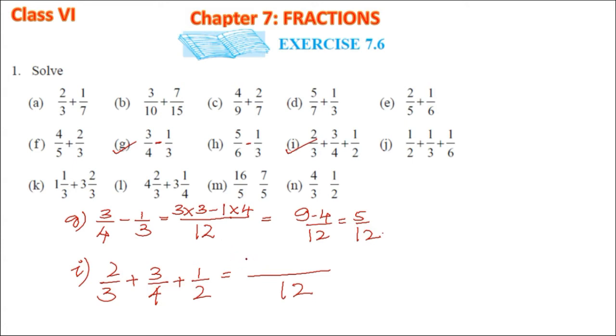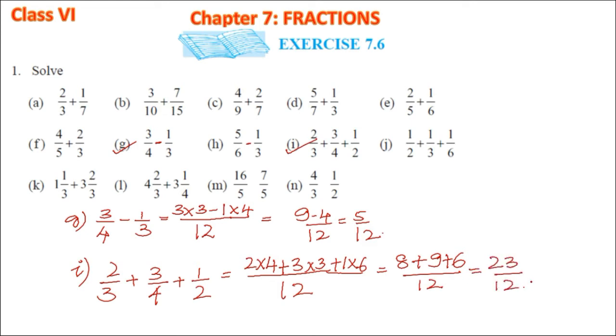So we'll be getting 2 times 4 plus 3 times 3 plus 1 times 6. On simplification, this becomes 8 plus 9 plus 6 upon 12. This will be 23 upon 12.